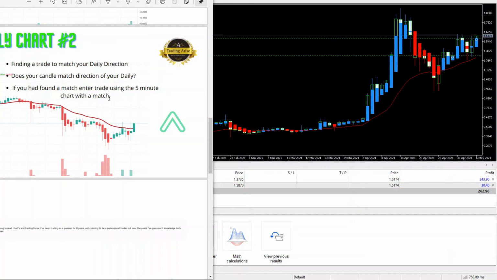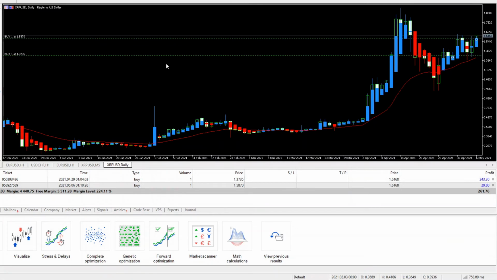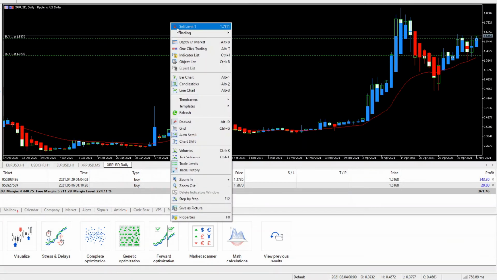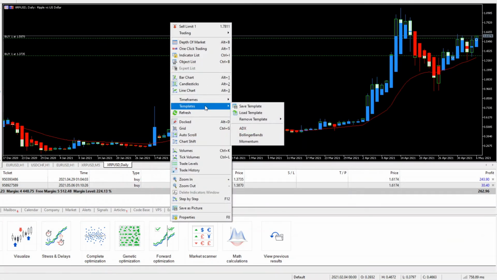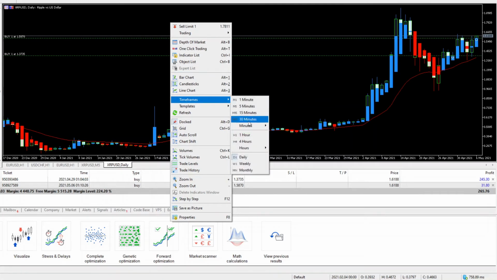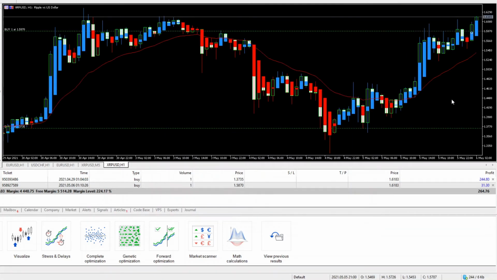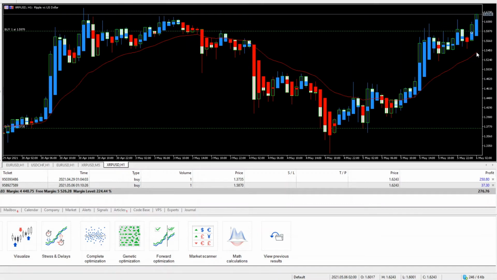So, let's go take a look here at your 1-hour chart. Voila! We got a blue, very bullish candlestick of the Heikin Ashi, and it is long, so the trend is strong, and it's above the 20-day EMA. So that's a good bullish trade.